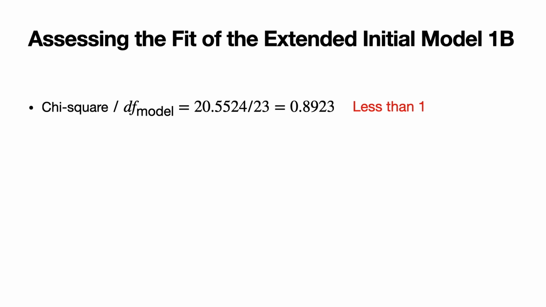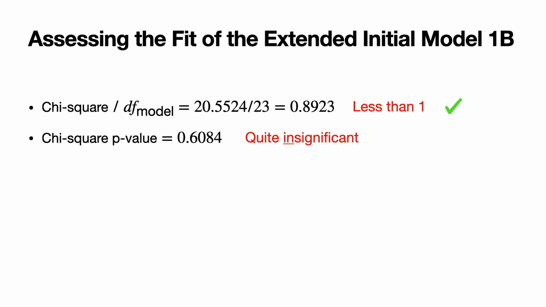Now that is less than 1, and so that would be an indicator of a good fit to the data. Because we have such a small ratio, we expect the p-value to be fairly large, and it is. The p-value for this model is 0.6084. That is quite insignificant. So again, that's a good indication of model fit.